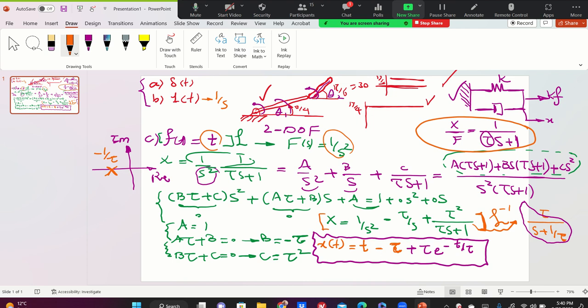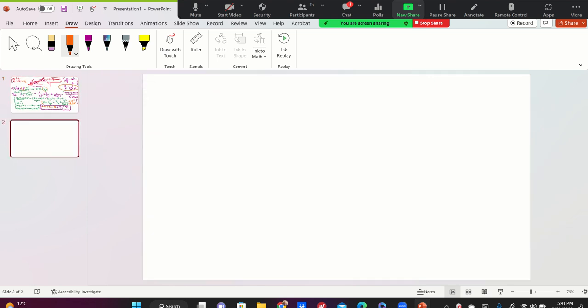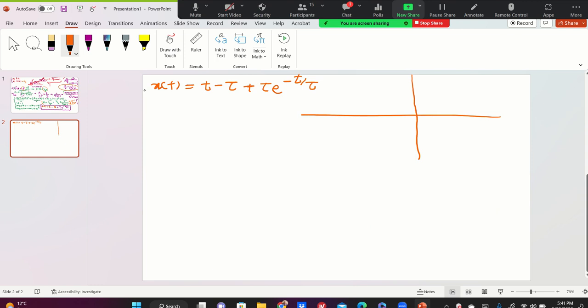Can I go to the next page? Yes. So x of t that we got was t minus tau plus tau e to the minus t over tau. So if I want to plot it, here we go, t versus x.